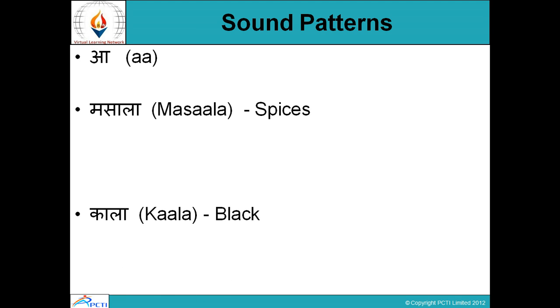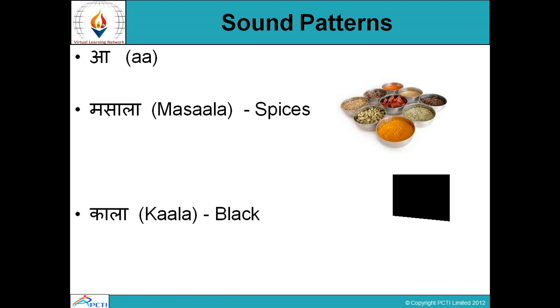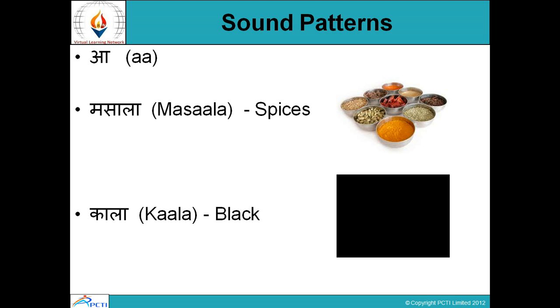Few more sounds with this pattern. The next word is masala. What is it? Masala is what? Spices. You have seen spices? They are very much used in Indian food especially.